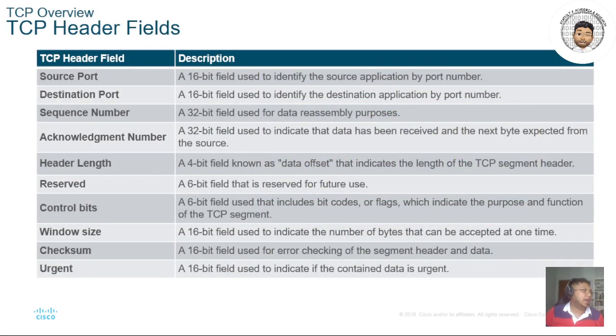You have 16 bits for the source port, 16 bits for the destination port, a 32-bit sequence number, a 32-bit acknowledgement number, 4-bit header length, 6-bit reserved, 6-bit control bits, 16-bit window size, 16-bit checksum, and 16-bit urgent. This is the information inserted inside the TCP header within a segment concerning all the information about the data.